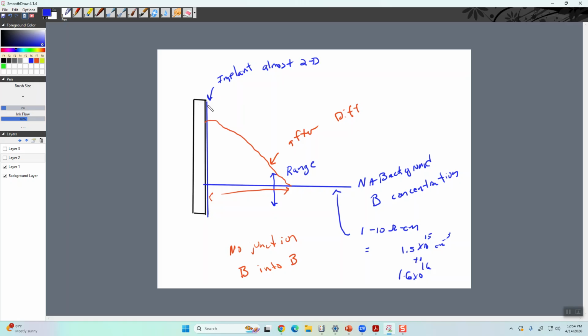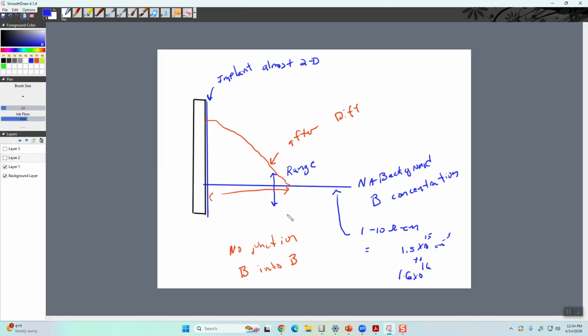And when you implant, you get what is almost a two-dimensional distribution, and in this case, boron. So I've just drawn it like a line. All right. And so this is a fixed amount of dopant. Now in this case, the background, the wafer, is also boron doped.